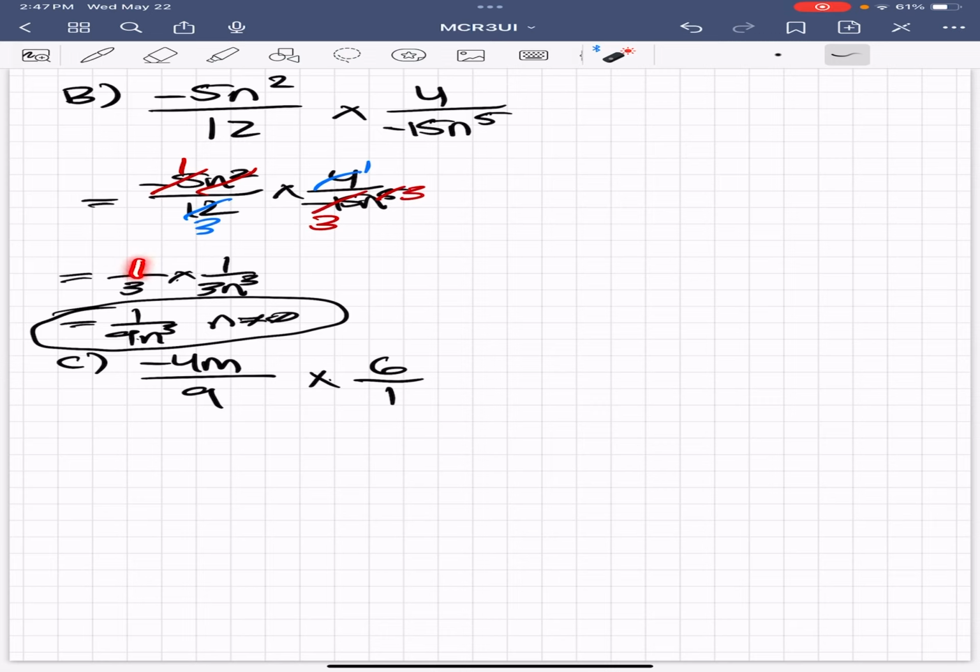Going down here, we are left with 1 on the top and the 3 on the bottom. And we're left with the final answer of 1 over negative 9 to the power of 3, 1 over 9n to the power of 3, and our restriction is n equals 0.